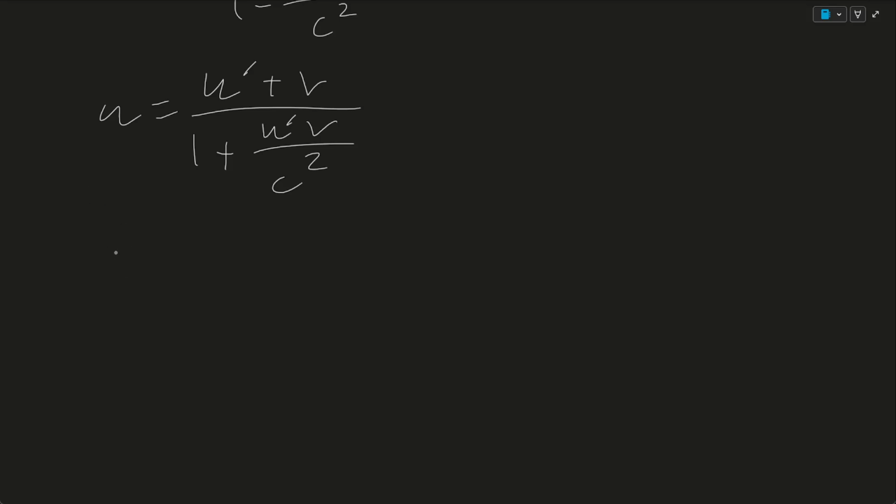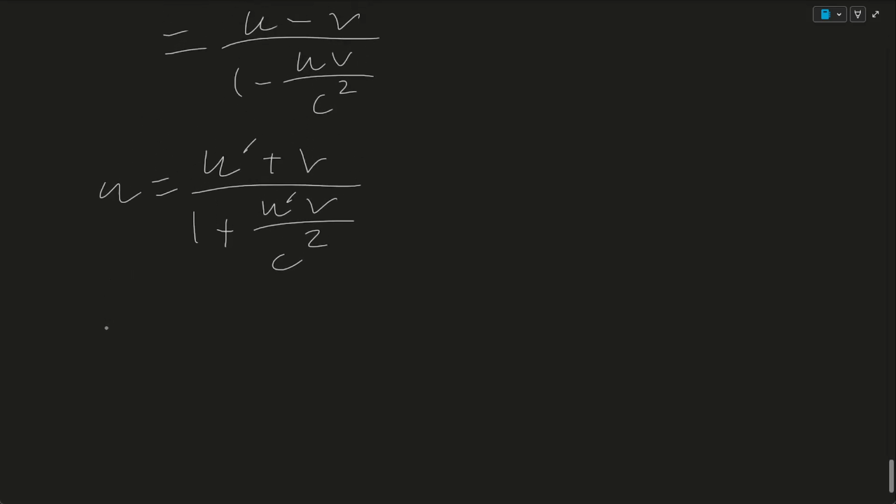If we have a light ray in S dash, and therefore u dash is equal to c, then u is just c plus v over 1 plus vc over c squared, which is c plus v. Then you pull out the c, so it would be c times 1 plus v over c, over 1 plus v over c, because that would cancel with that.